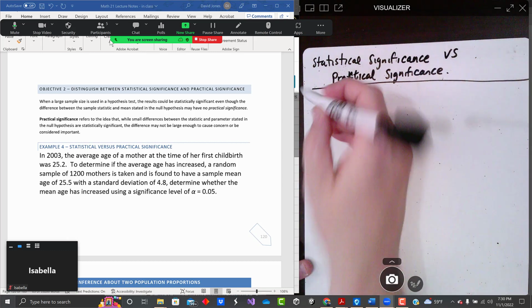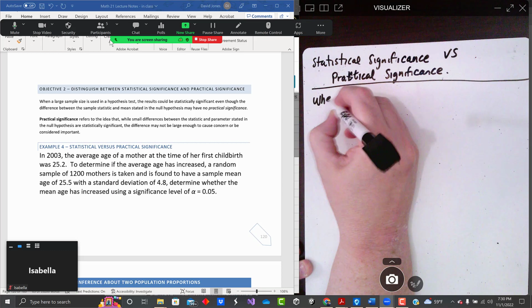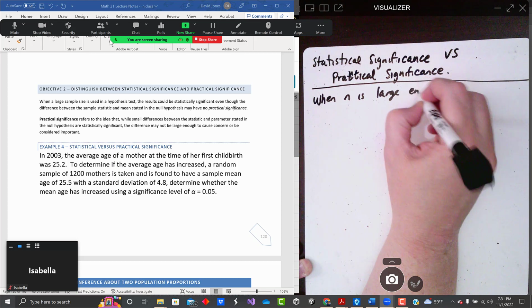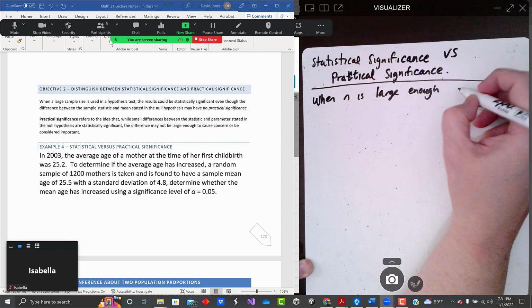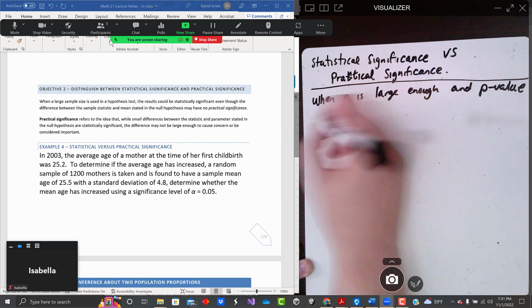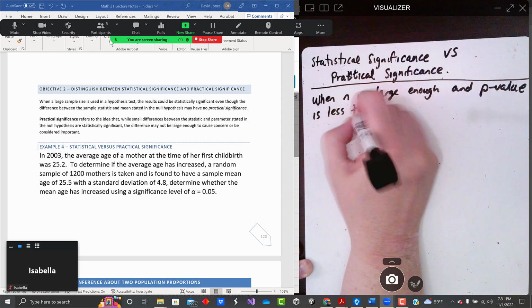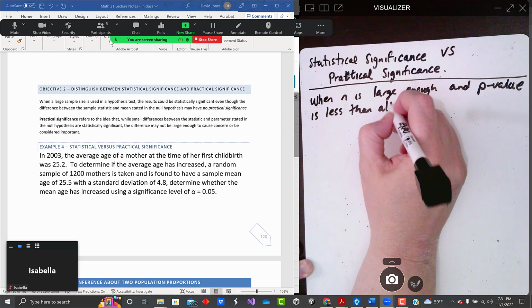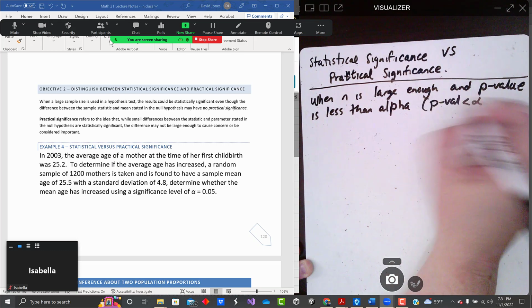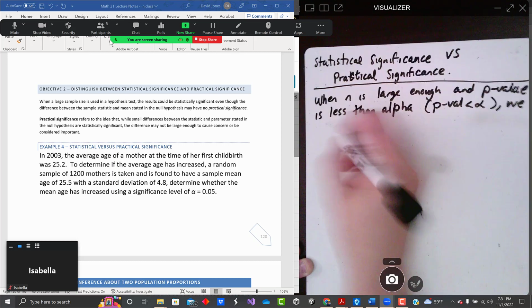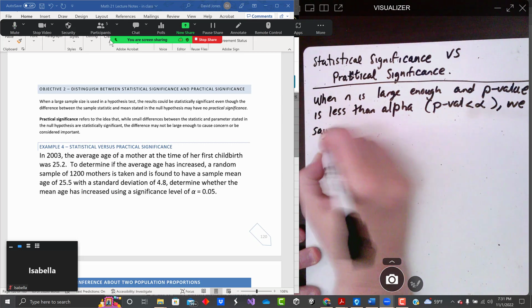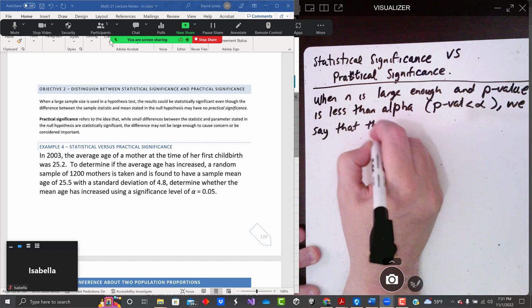So the idea here is when n gets large enough, and the p-value is less than alpha, we say that this is statistically significant.